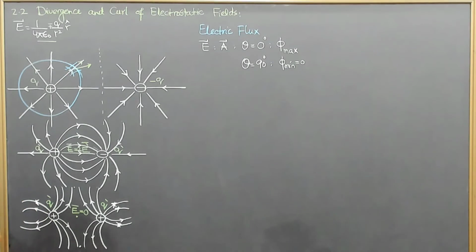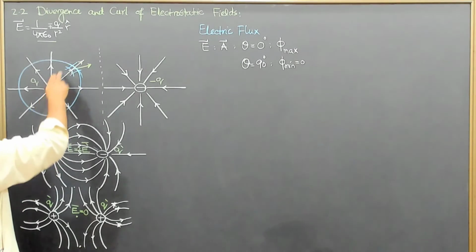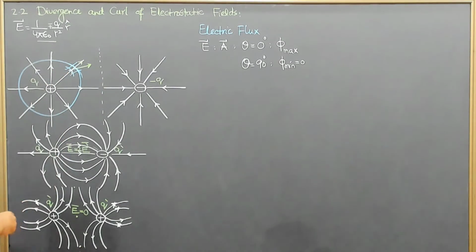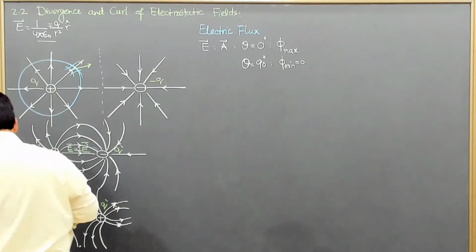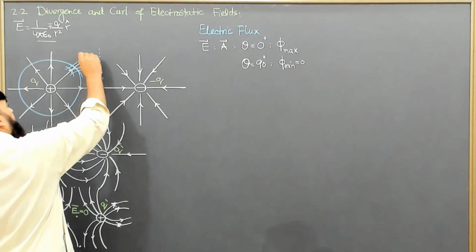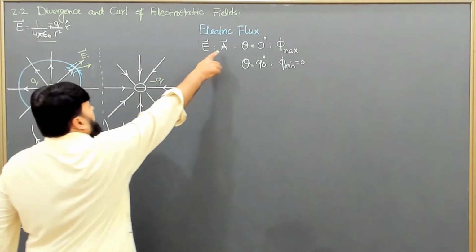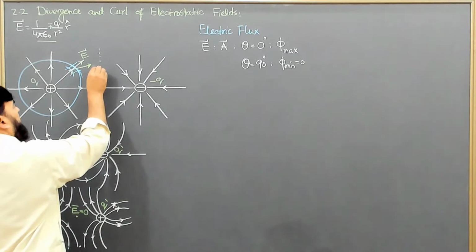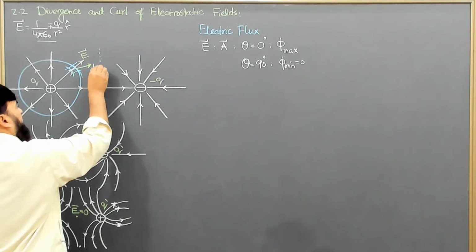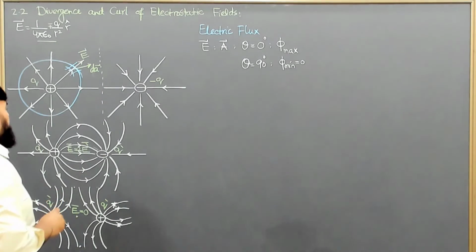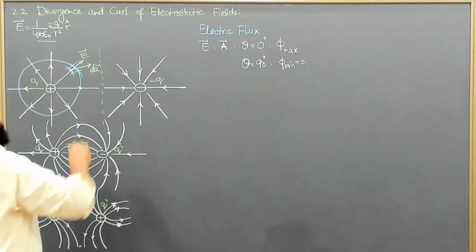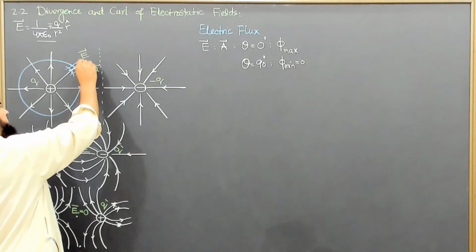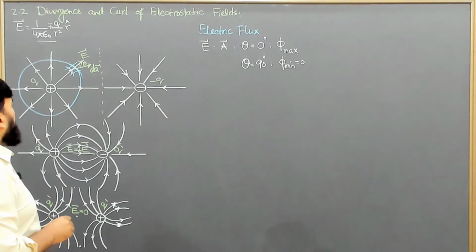Now when we consider this is spherical, they will be in the same direction, but for clarity I am considering some angle between the area and the electric field here. The total area is A, but for a very small segment on this surface I consider dA, a small patch or area element, and let theta be the angle between these two.